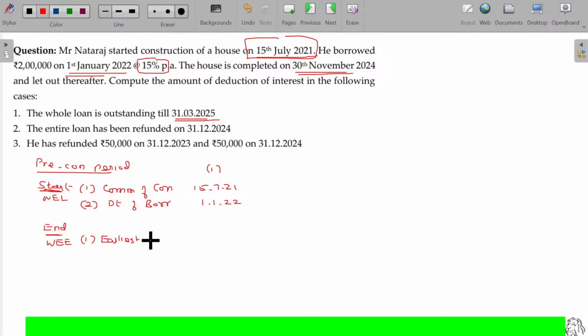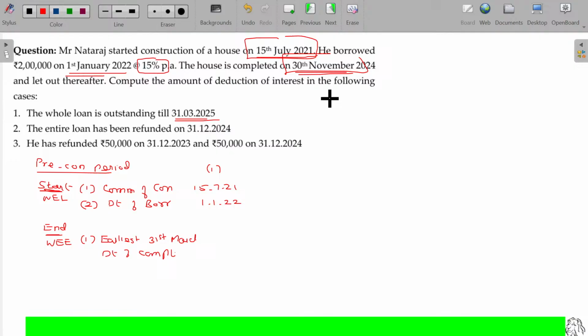31st March from the date of completion of construction, number 2 being the date of completion of construction, 30th November. If the date of completion of construction is 30th November, that means earliest, because in that year itself it starts generating income. After 30th November, it starts generating income. So any interest for that period can be adjusted in that income.